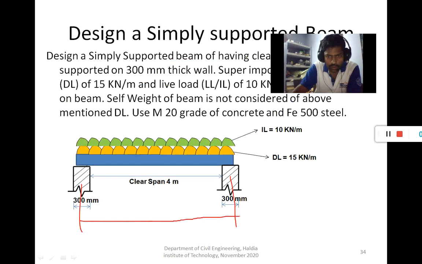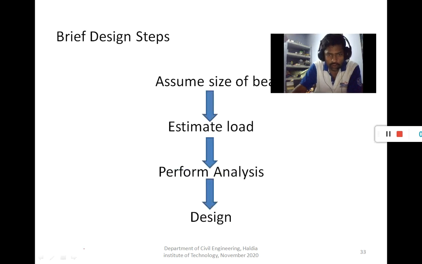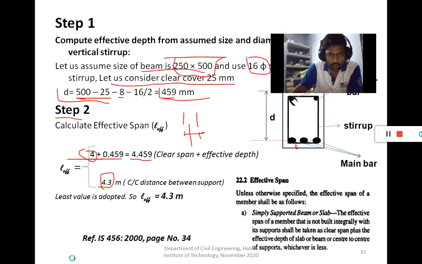As per code, clear span plus effective depth or center to center distance between supports, whichever is less. The least value is adopted, so the effective span is 4.3 meter.